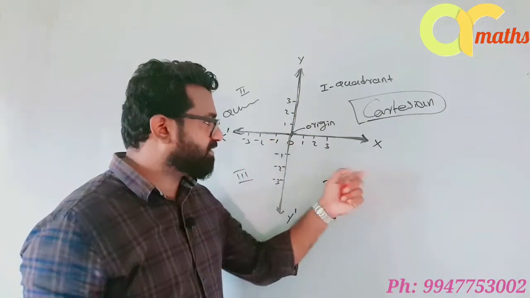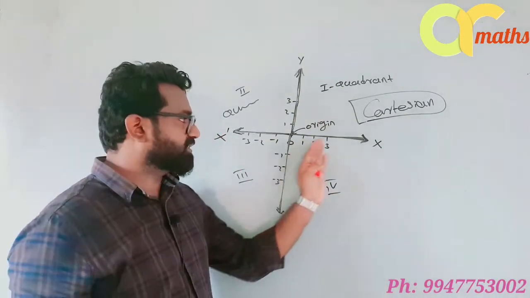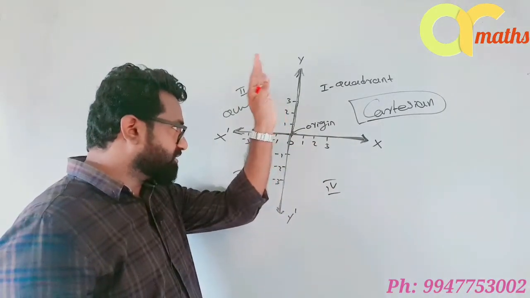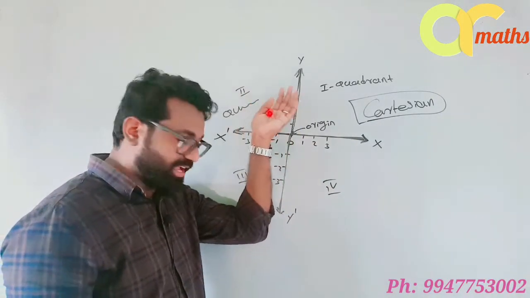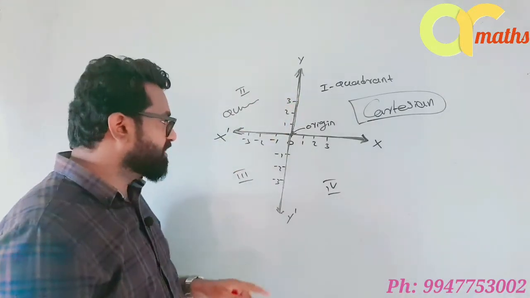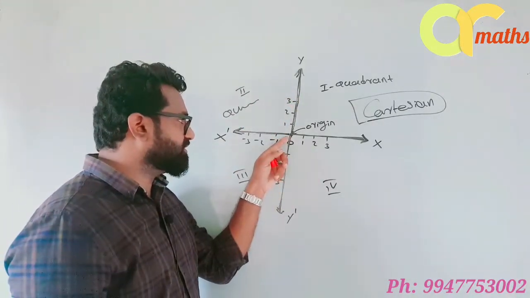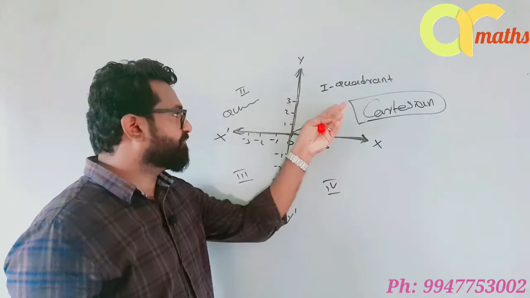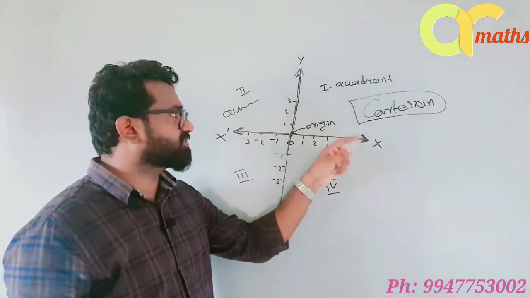So, the horizontal line is known as x axis. Its positive side is x, its negative side is x dash. The vertical line is known as y axis. Its positive side is y and its negative side is y dash. The intersection of these two axes is known as origin. That point is 0. And there are 4 sections. One of the sections is known as a quadrant.